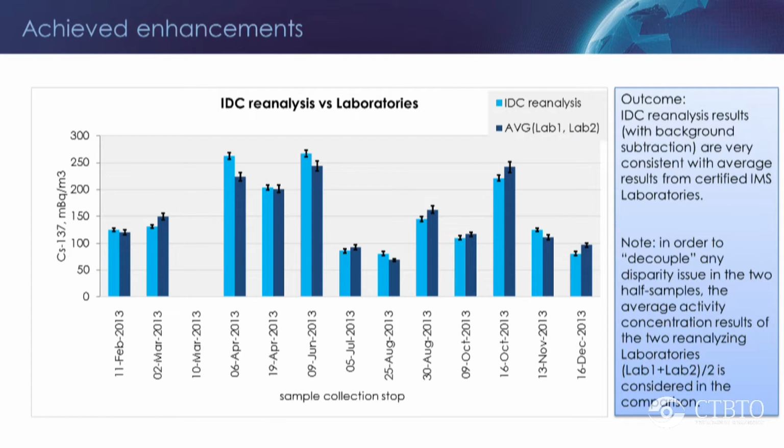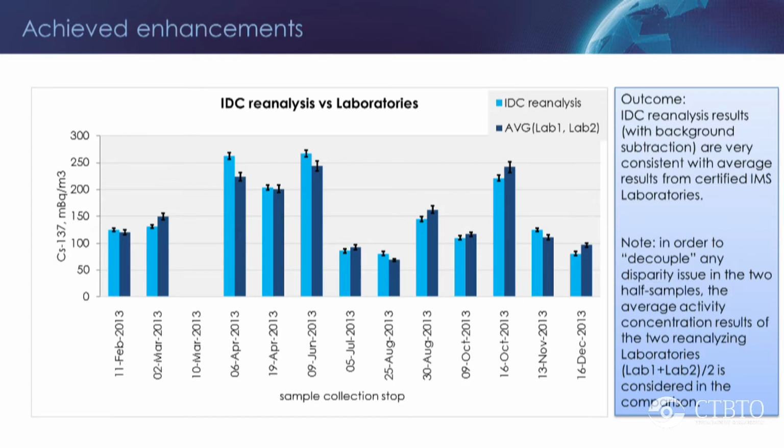Then we revisited 11 level 5 spectra from 2013, and we did the reprocessing in offline mode by subtracting the background contribution. And then we compared the new IDC results with the certified laboratories of the IMS.